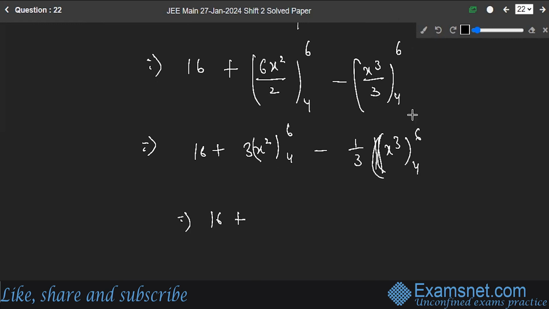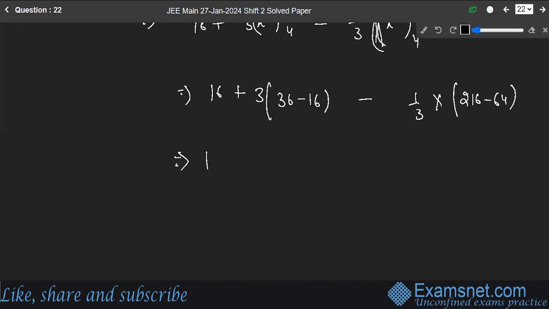This will be 16 plus 3 into (36 minus 16) minus 1 by 3 into (6 cube minus 4 cube), that is 216 minus 64. So this will be equal to 16 plus 3 into 20, which is 60, minus 152 upon 3.